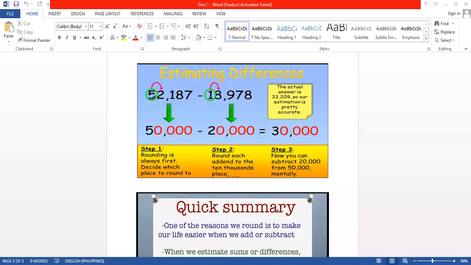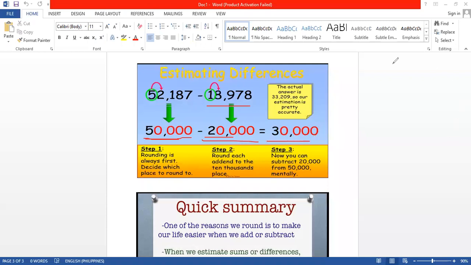If we're going to round off into the 10,000s place, 52,187 becomes 50,000, and 18,978 becomes 20,000. So we're going to subtract 50,000 minus 20,000 is equal to 30,000.